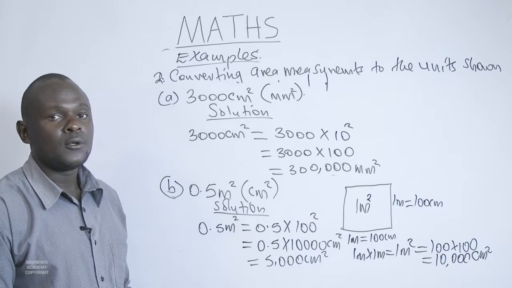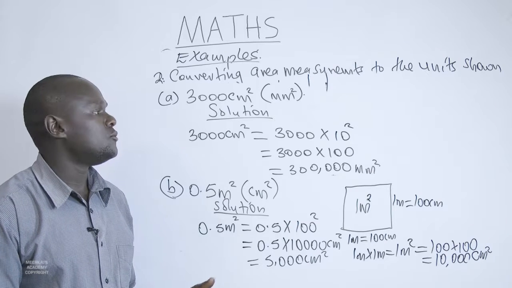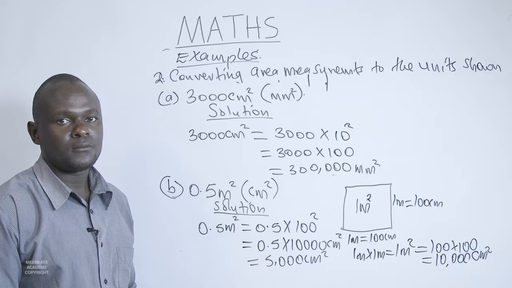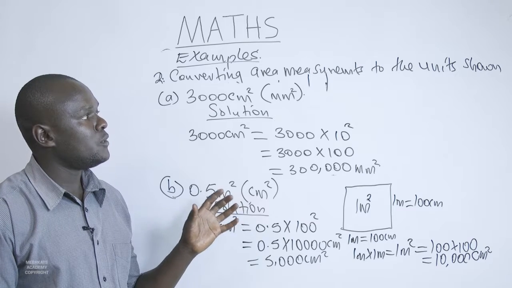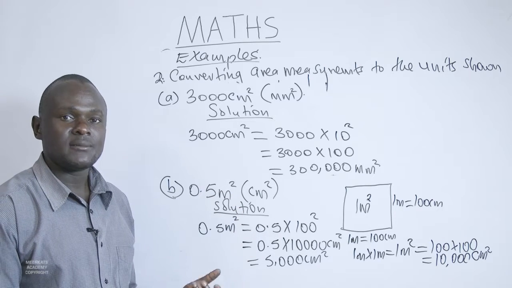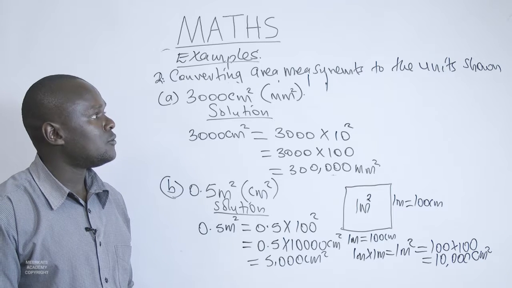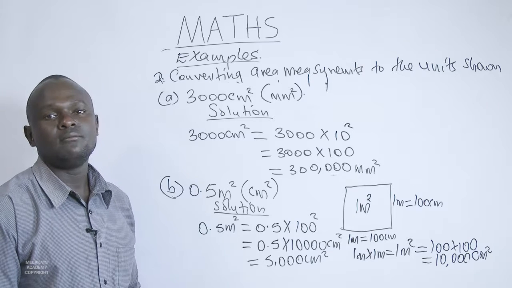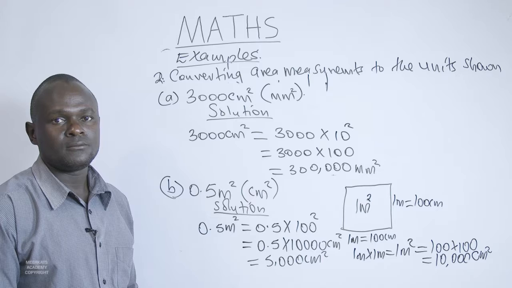Sometimes we might be required to add units of area. And when we want to add or even subtract the units of area, one cardinal rule is that you ensure they are in the same units of measurement.